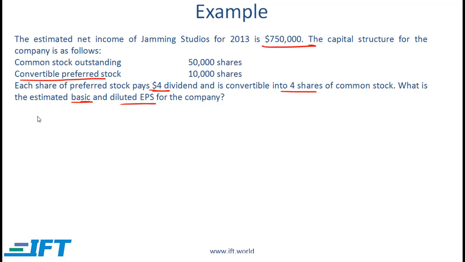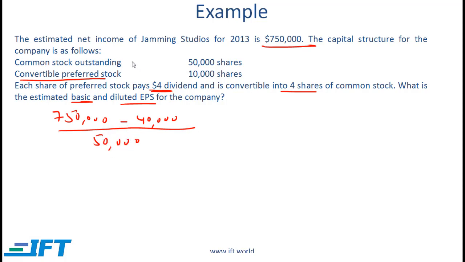The basic EPS should be easy. We take the net income of 750,000 and we subtract the preferred dividend, which is 4 into 10,000. So that is 40,000, divided by the number of shares outstanding, which is 50,000.